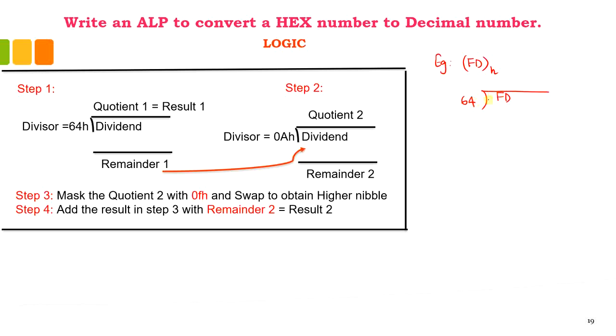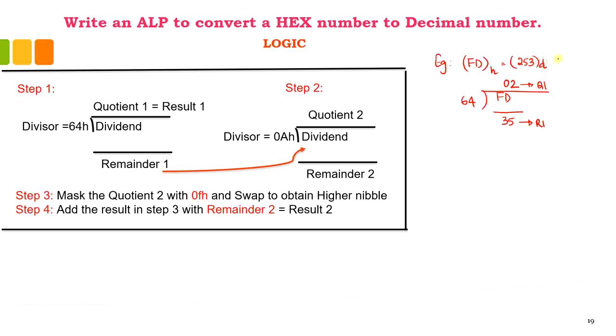So on division, from the calculation we saw online, the quotient will be 02 and the remainder will be 35. Let me name this quotient 1 and this remainder 1. This quotient 1 will correspond to the highest digit of the result, because we know that FD in hexa is equivalent to 253 in decimal.